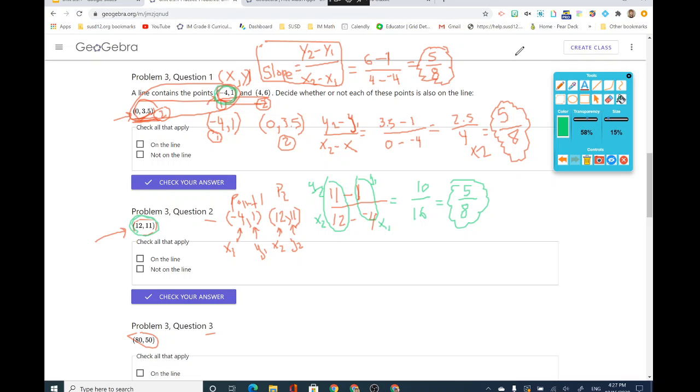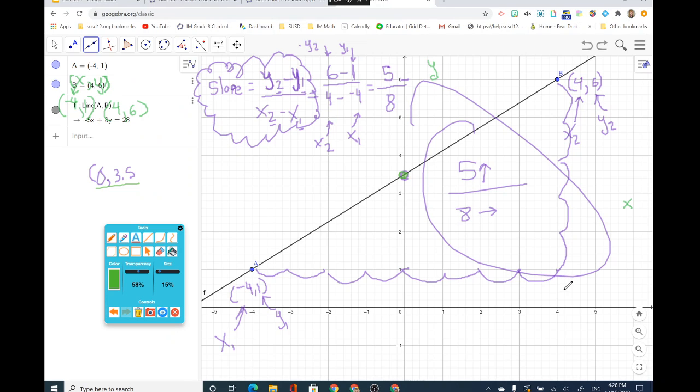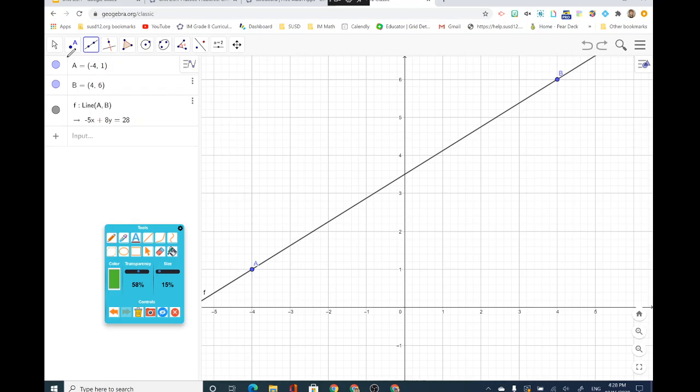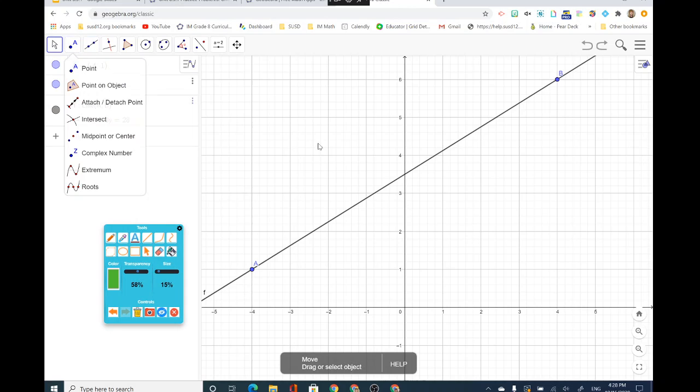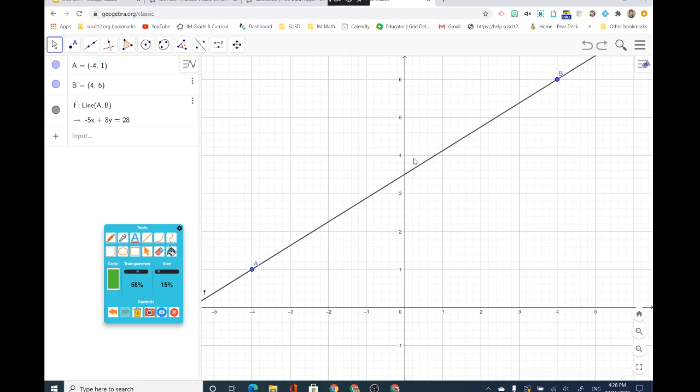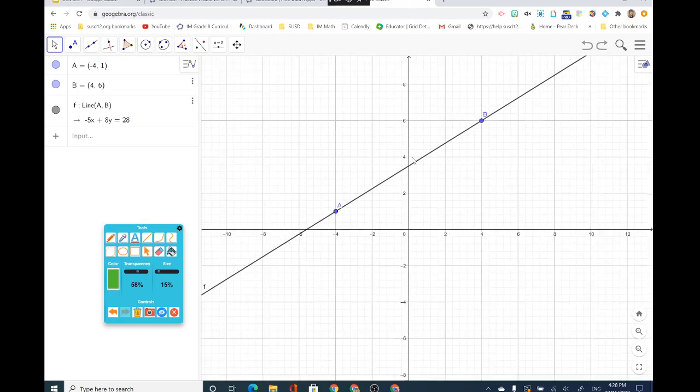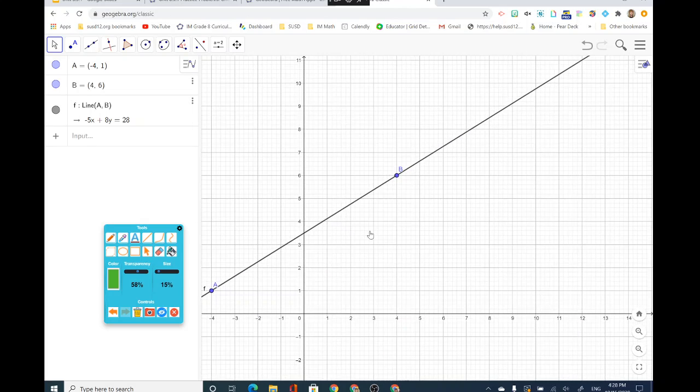Let's graph it. Let's see it on the graph now. 12, 11. Okay, go to my graph. X equals 12. Y equals 11. I'm going to have to zoom out, so I'm going to just delete all that writing, which is fine. I don't need it anyway. Zoom out.